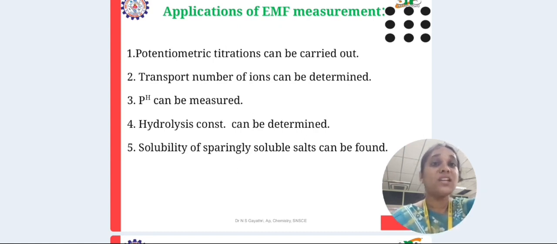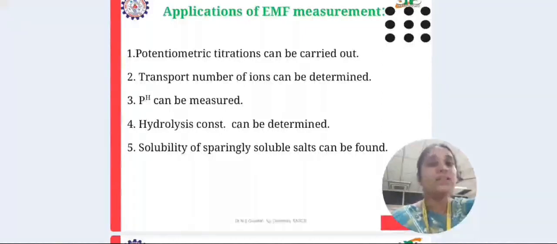The pH is an important factor in water or any other sample solution, and the pH plays a major role in the reactions we have taken. The pH can be measured through this EMF measurement. It is very beneficial to the titrations and the samples we have taken, and to calculate the pH of the solution.